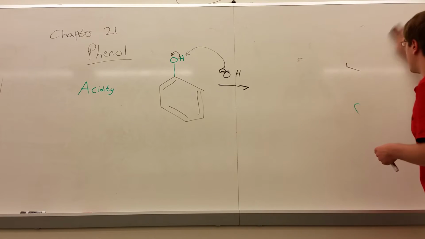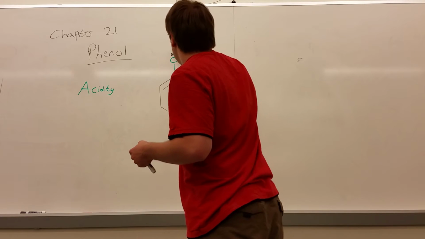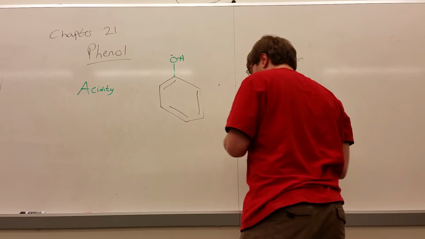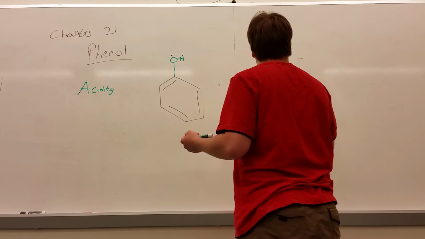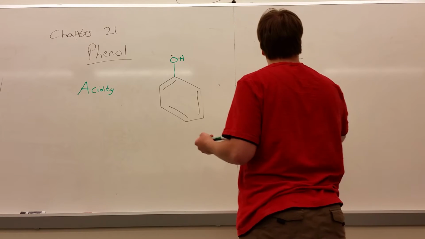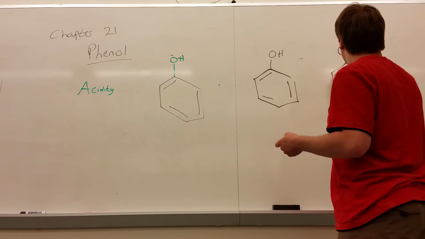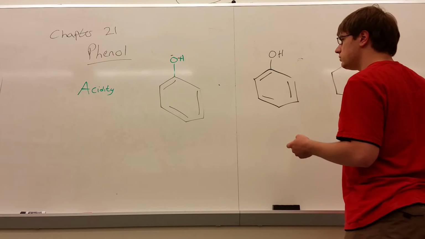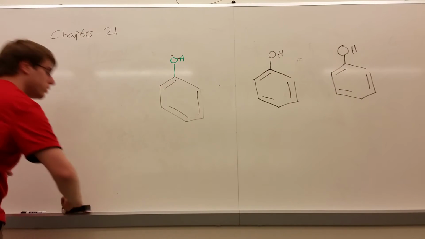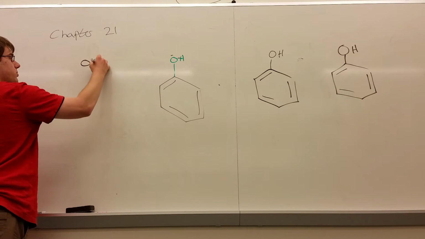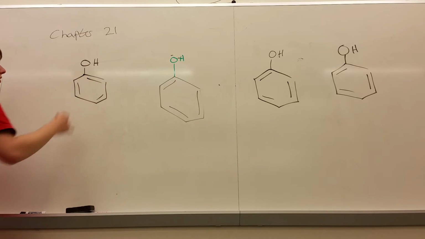Namely, what happens if I have electron donating or withdrawing groups on the benzene, along with that OH. So let's say I draw out a couple phenols. This one, another one, a third one, let's do a fourth one for good measure. And I'm going to add some electron donating groups and withdrawing groups, and we're going to talk about who's most acidic, who's most basic.